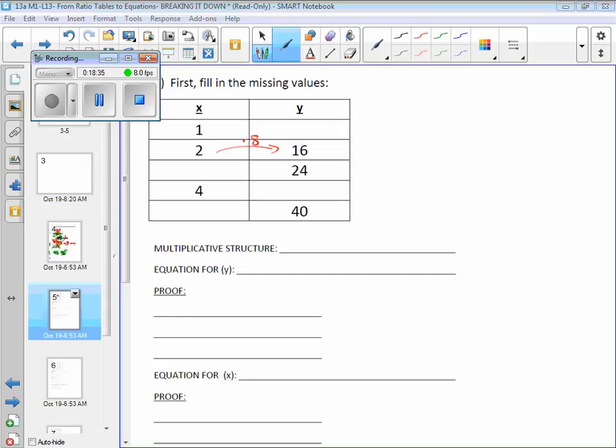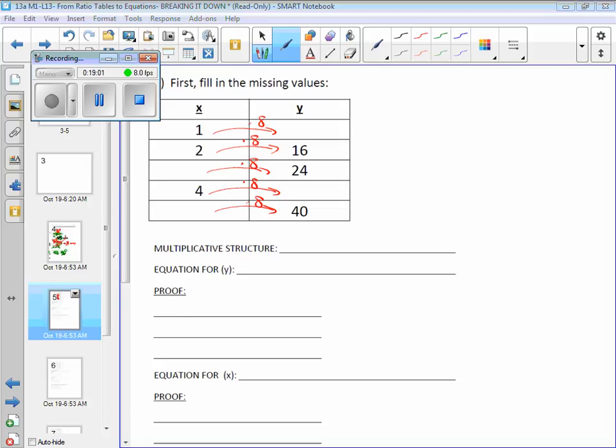All right, you're done. Believe it or not, you're done. Times 8. Now, let's do it. Once you establish that multiplicative structure, that times 8 is good for every single row. Only place where it might get a little tricky is when the first value is missing.